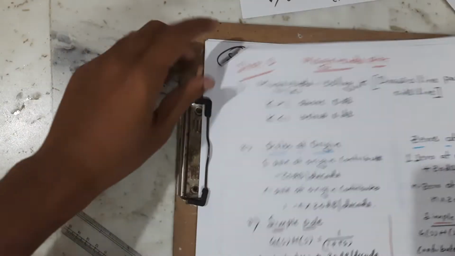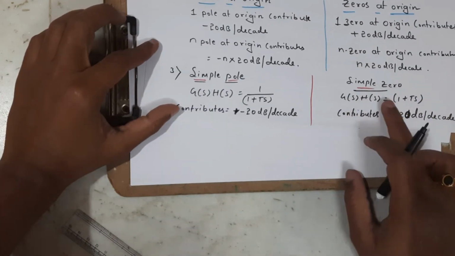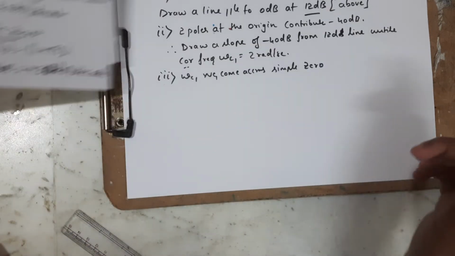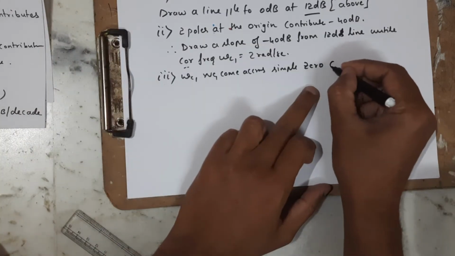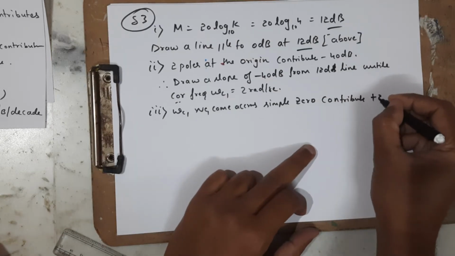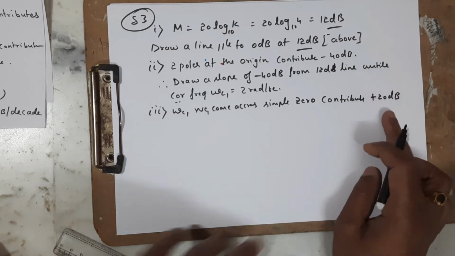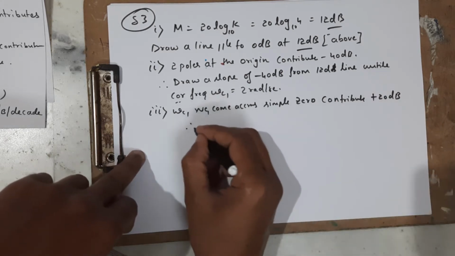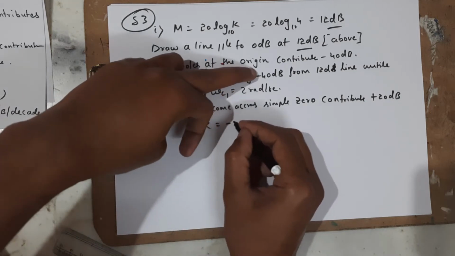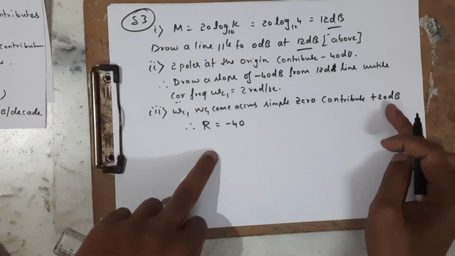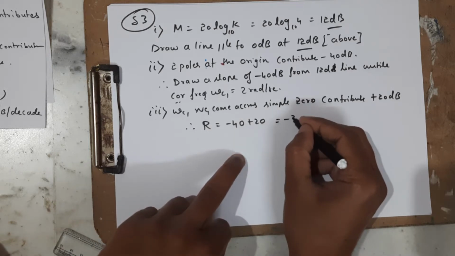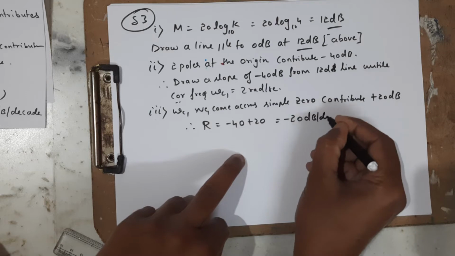What is the contribution of a simple zero? A simple zero contributes plus 20 dB per decade. Therefore the resultant slope is the previous slope, which is minus 40, plus the contribution from the simple zero, plus 20. Therefore the slope is minus 20 dB per decade.